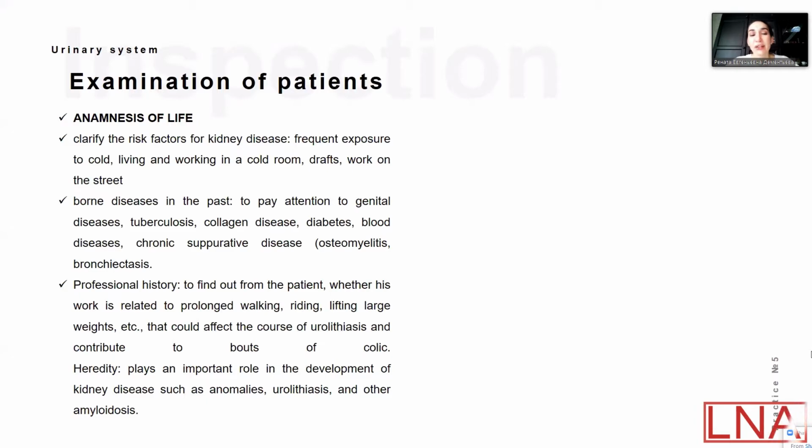Pay attention to genital diseases, tuberculosis, collagen disease, presence of diabetes mellitus, blood disease, some chronic suppurative disease like osteomyelitis and bronchiectasis, because it can lead to chronic autoimmune inflammation due to the mechanism of circulating immune complexes.